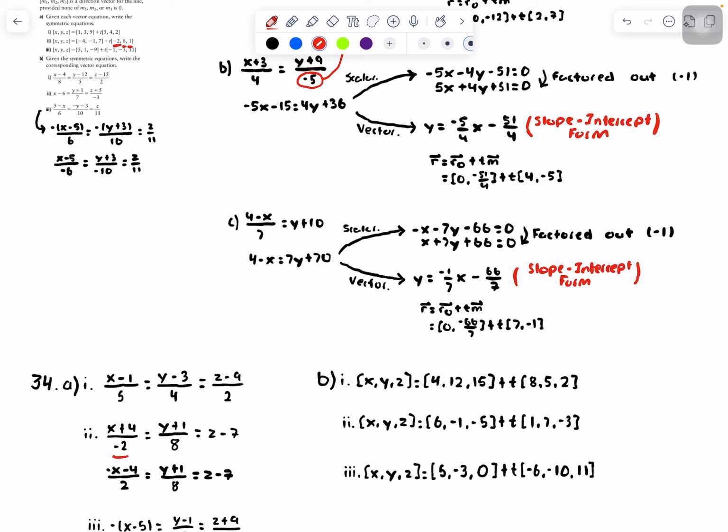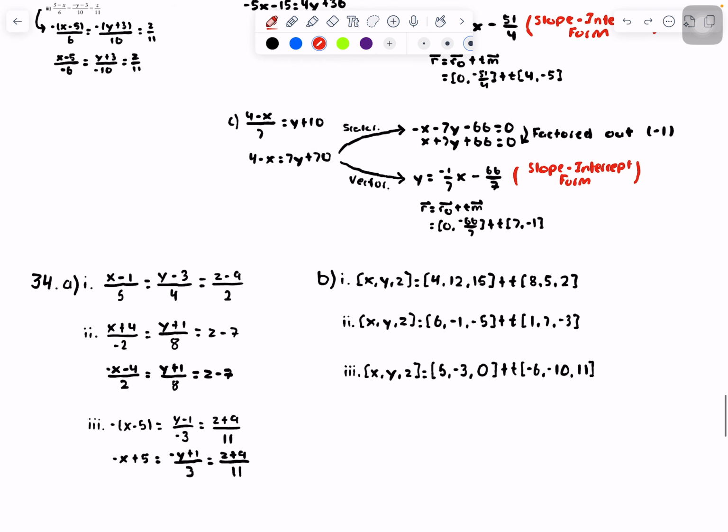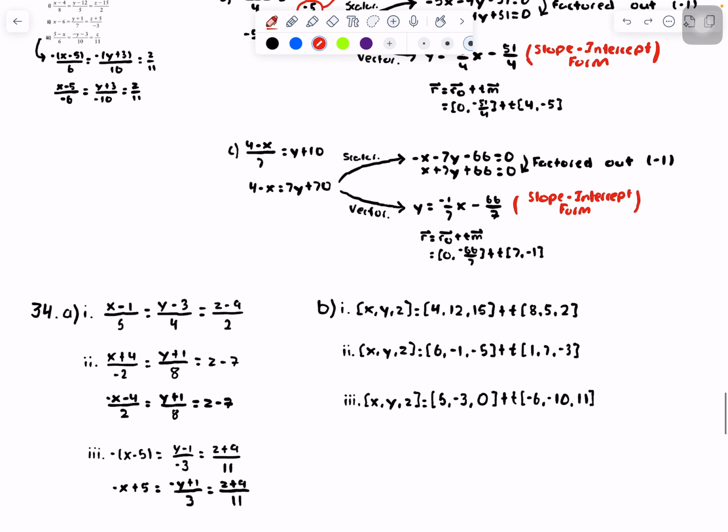So divide by negative 2, 8, and then 1. Okay, but again, this is in bad form. You don't want to have a negative in the denominator, so I just moved it up. Simplify the numerator like so: negative x minus 4. Y plus 1 over 8 equals z minus 7.